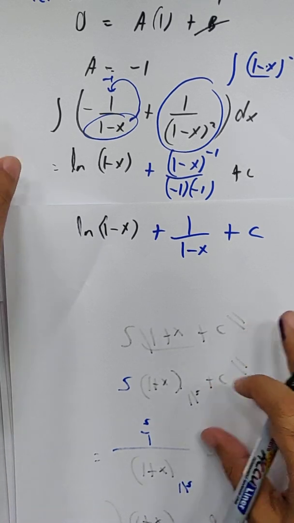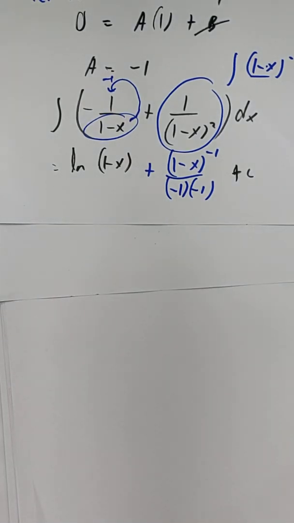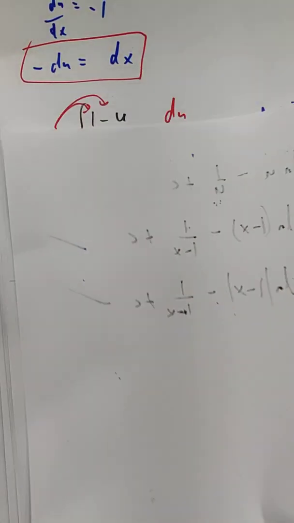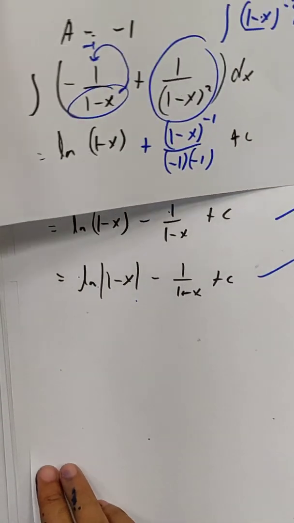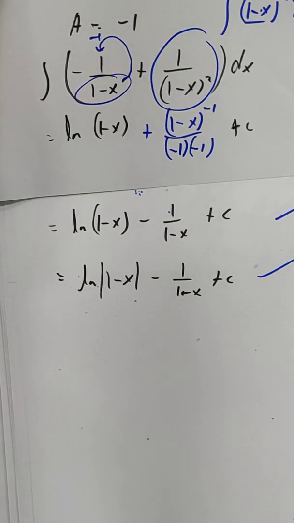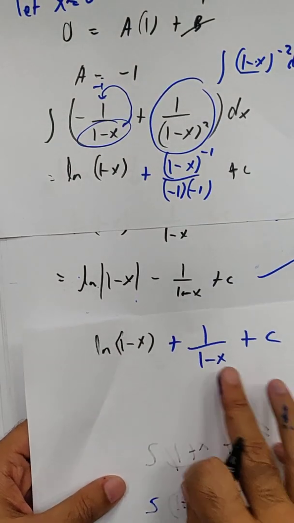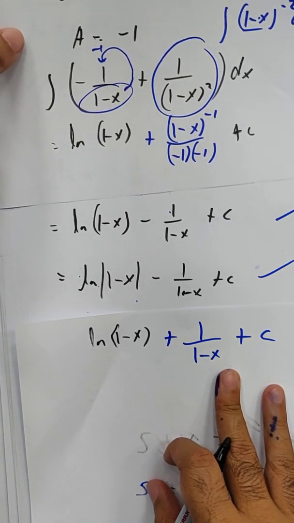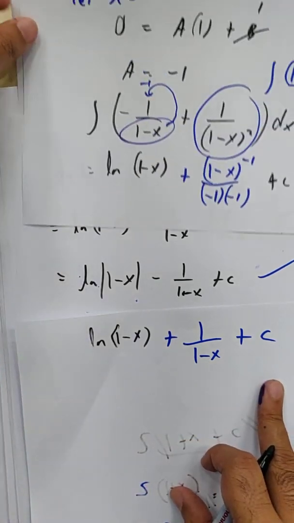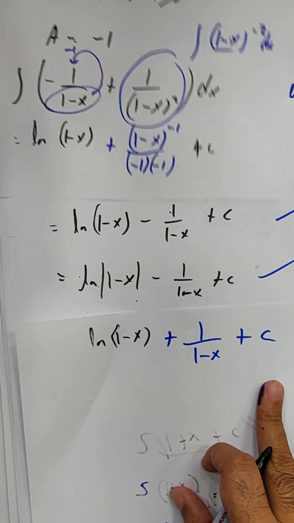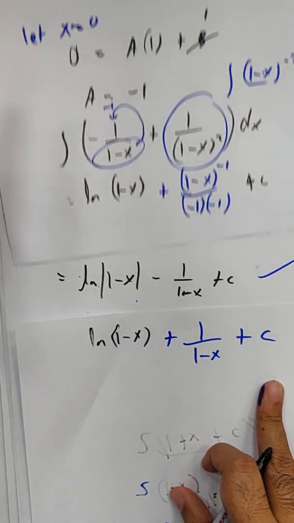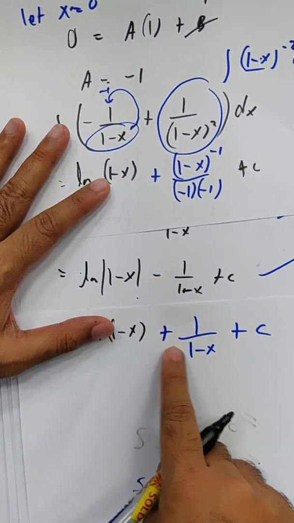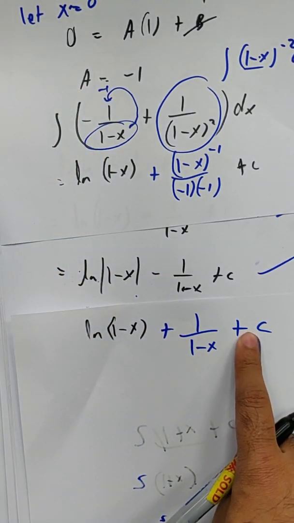Okay, if I'm not mistaken, the answer is slightly different. Is it the same? The main difference is because it's minus, this is plus, is because of this plus c.